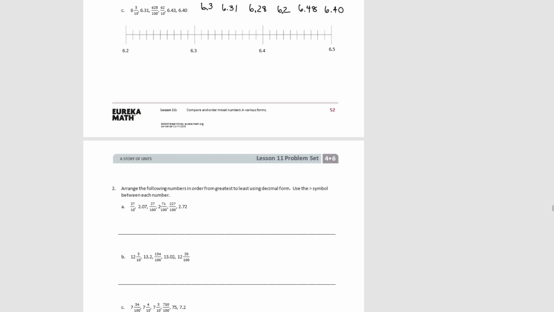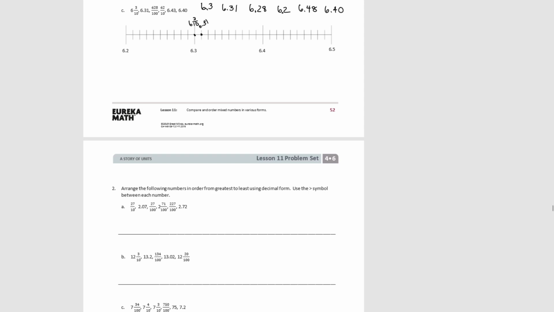So 6 and 3 tenths is right here, and I'm going to write it in its original fraction form. The next is 6 and 31 hundredths, so that would be 30 hundredths plus one more hundredth, and I'm going to write it in its original decimal form.